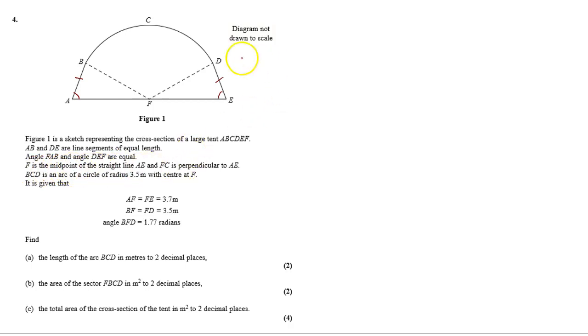F is the midpoint of a straight line AE, so these two sides are also equal. And FC is perpendicular to AE. If we draw a line here, so this line is perpendicular.